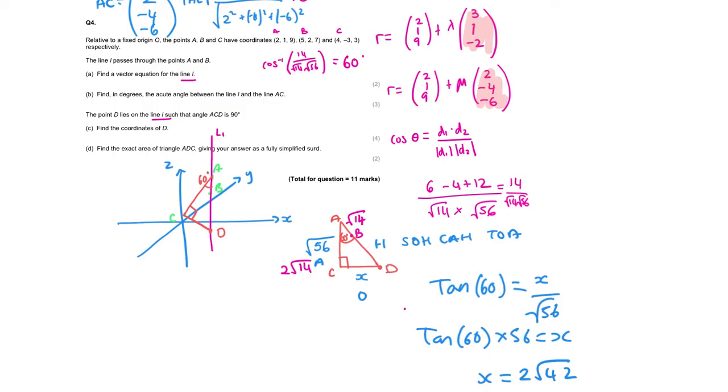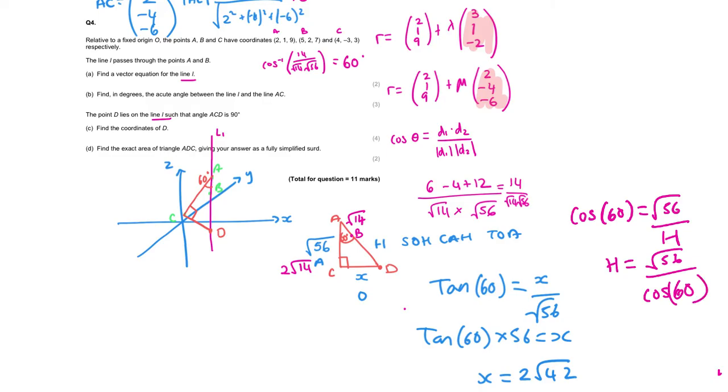So if I want to find the hypotenuse and I've got my adjacent, I'm going to use cos. So cos of 60 equals root 56 over hypotenuse. So hypotenuse equals root 56 over cos of 60. And if anyone has an easier way to do this, let me know.